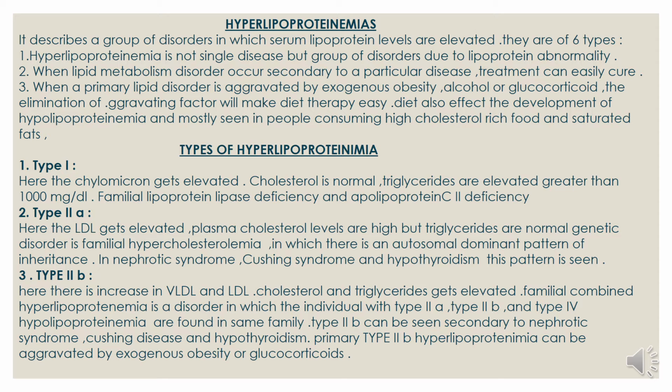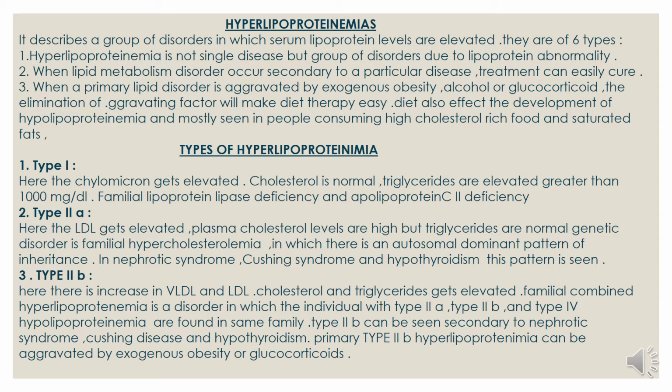Hyperlipoproteinemias are the group of disorders in which the serum lipoprotein levels are elevated. There are totally 6 types. Hyperlipoproteinemia is not a single disease but a group of disorders due to lipoprotein abnormality. When a lipid metabolism disorder occurs secondary to a particular disease, treatment can be easily cured.